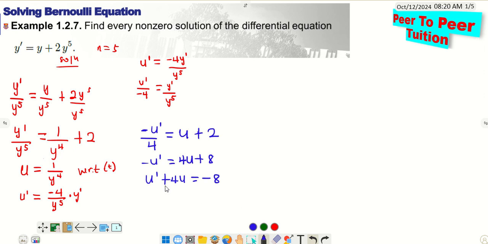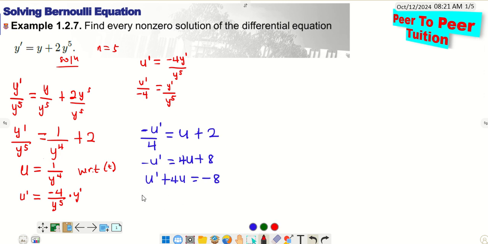Now if you look at this, the differential equation is now a first order linear ordinary differential equation. So we can solve this one easily by first finding the integrating factor.